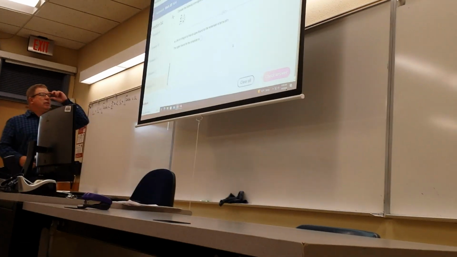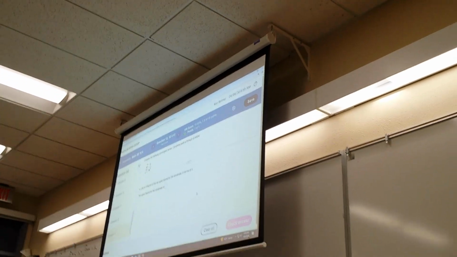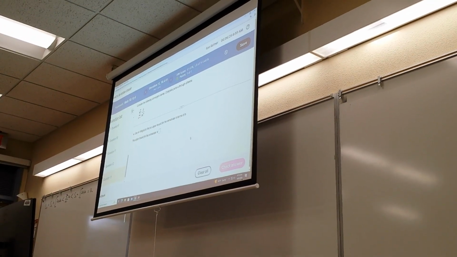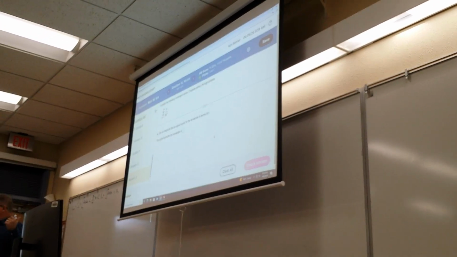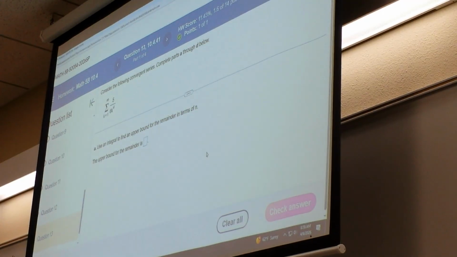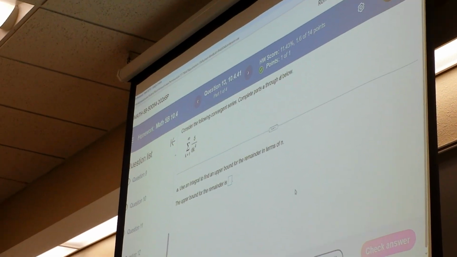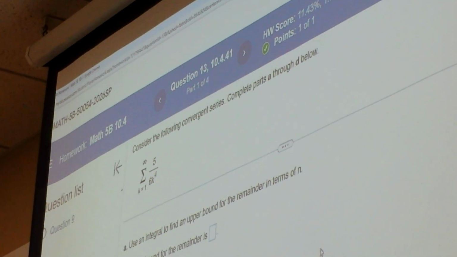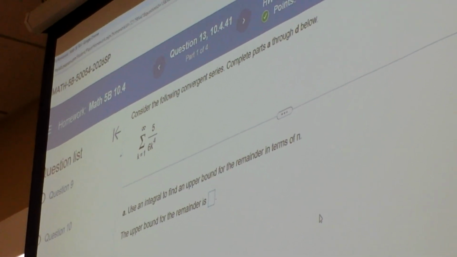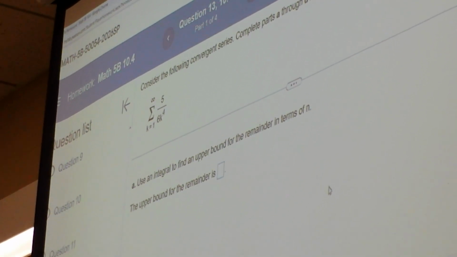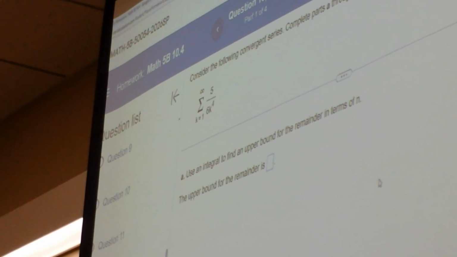Here we go. Consider the following convergent series. So they give us that it converges. Does this have any point if it diverges? No point, right? If the remainder is infinity, this doesn't do anything for us. Okay, so they give us that this converges.